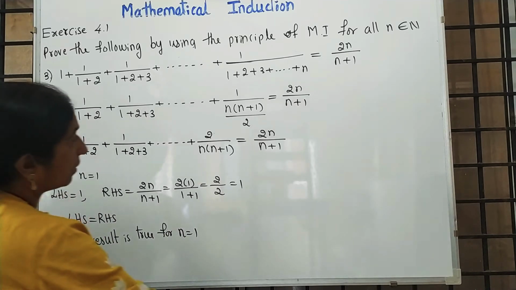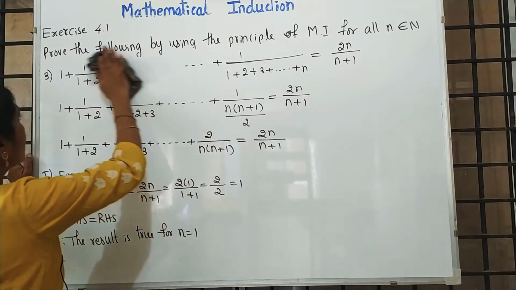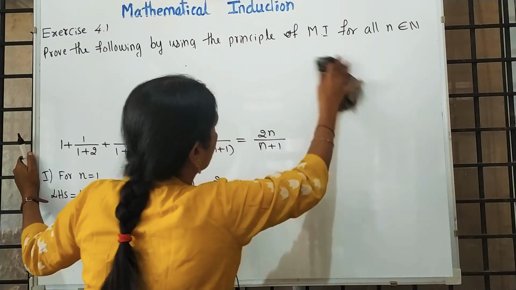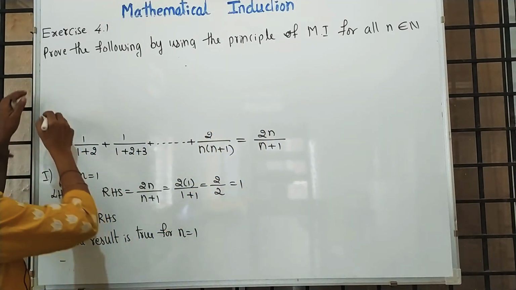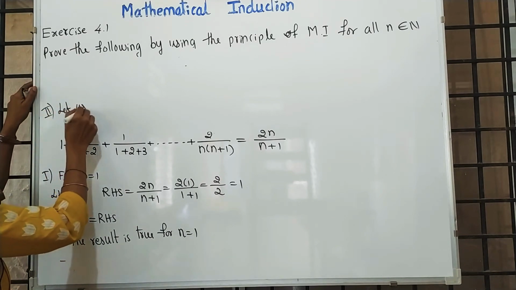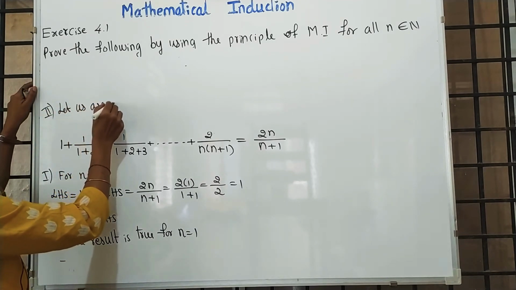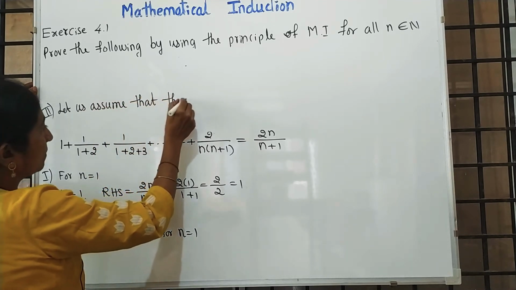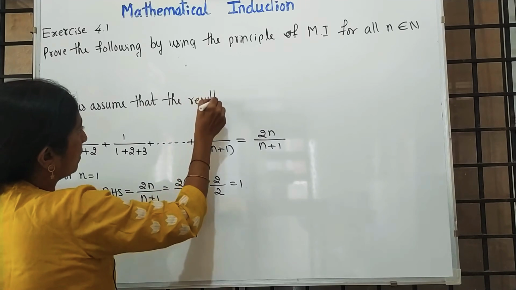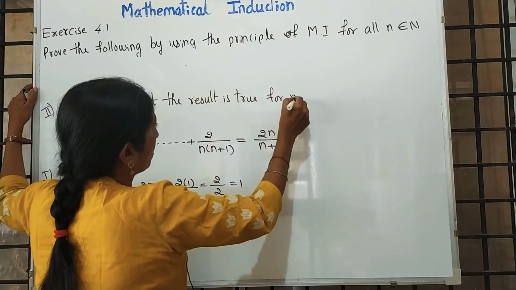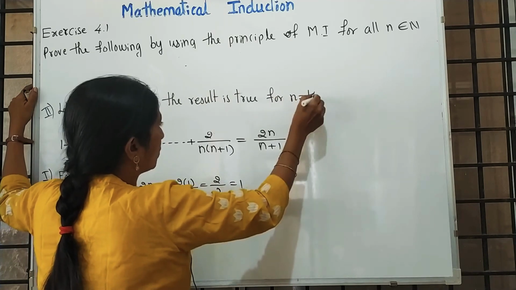Next step is what? Second step. Let us assume that the result is true for n is equal to k.